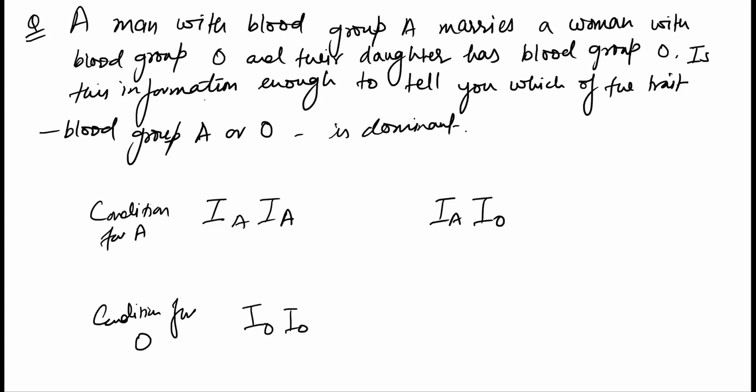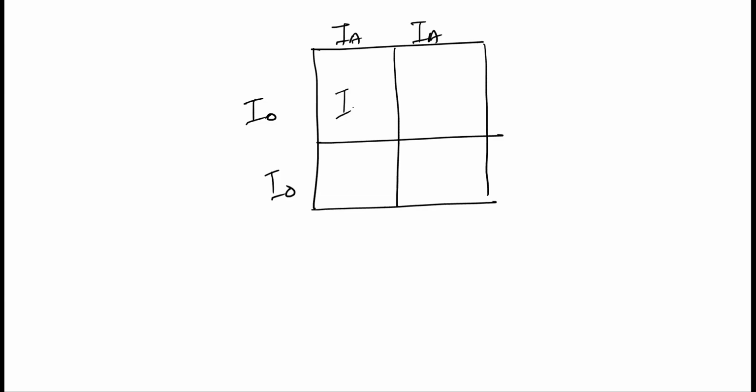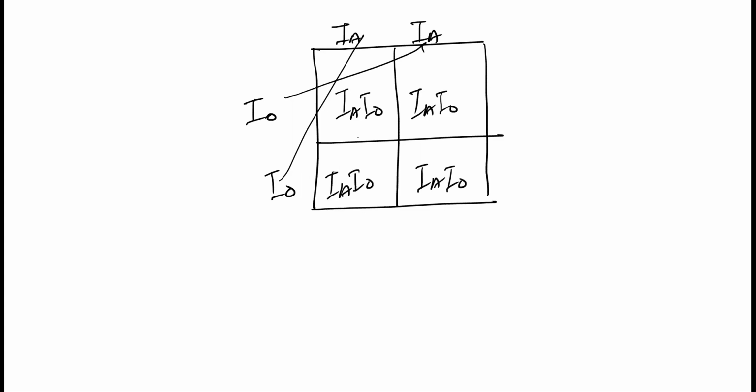Now if the father has homozygous A and the mother has O, then this will give you IAIO, IAIO, IAIO, IAIO. There is no chance of getting blood group O.